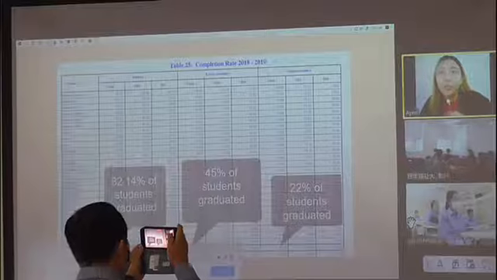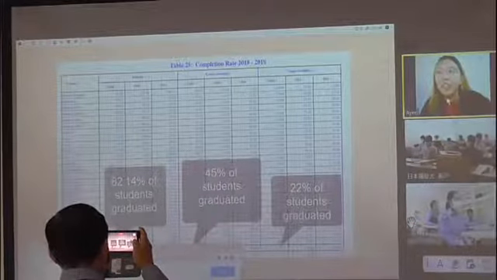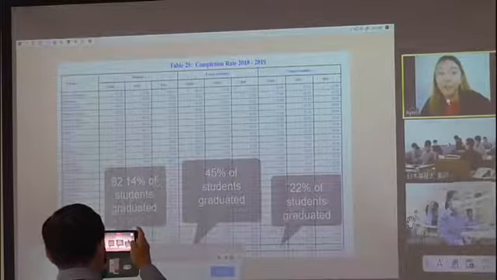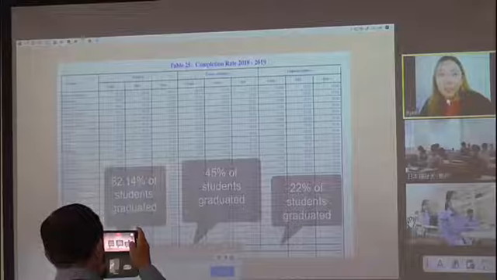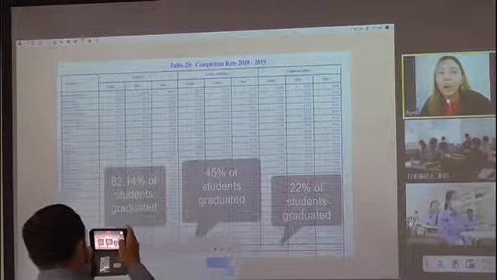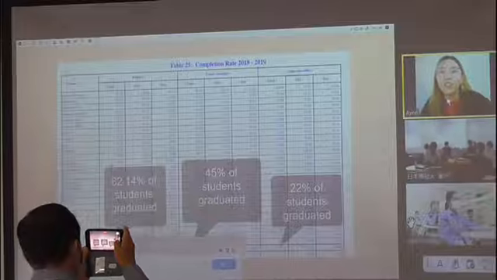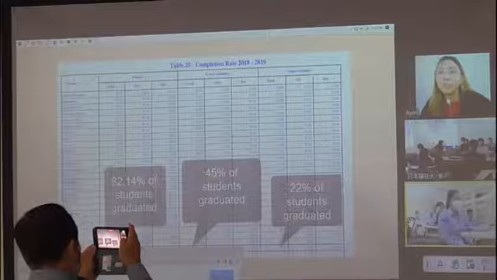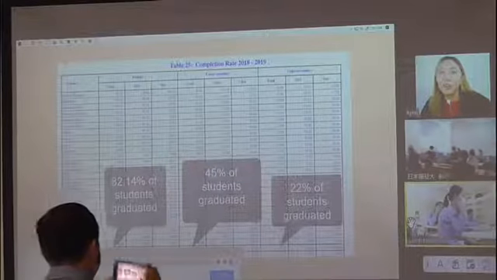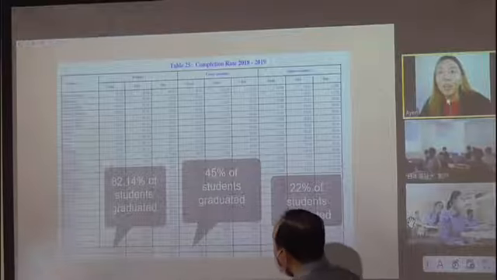Alright, so we can see 82.14%. Here, 45%. And here, 22%. So, among these numbers, which is the different one? Notice the numbers, okay?